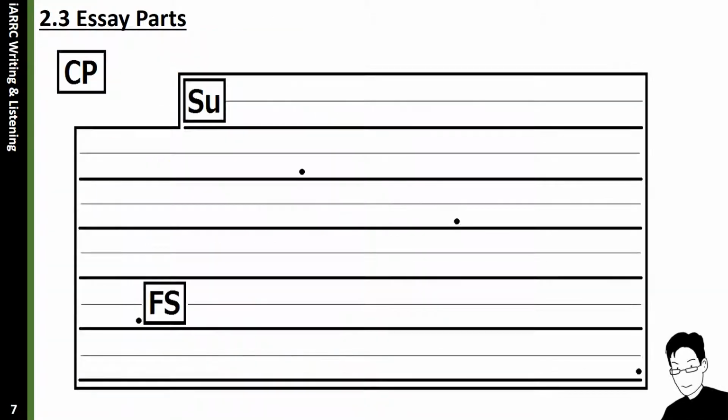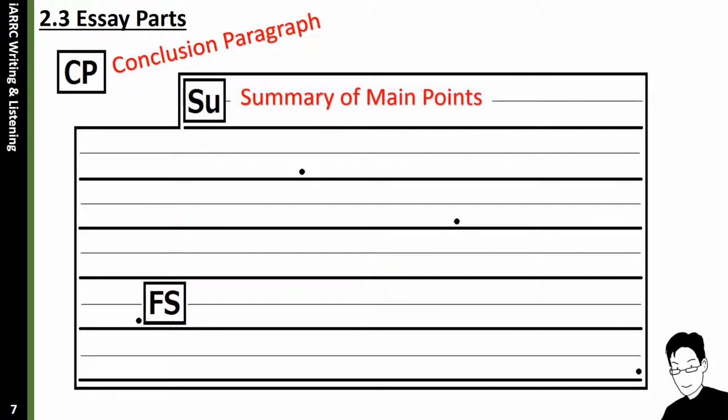The final paragraph is the conclusion paragraph. The conclusion paragraph consists of the summary of main points, which basically summarizes the main points made in the body paragraphs, and it has a final statement or final statements at the end of the essay which give your opinion or your judgment on the issue at hand.